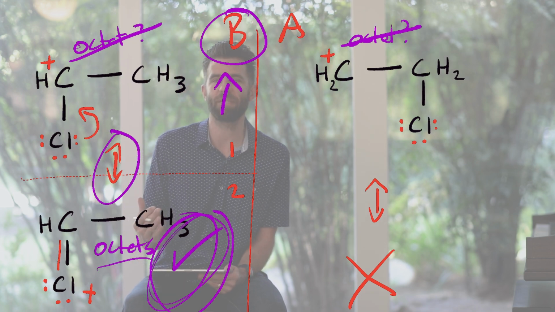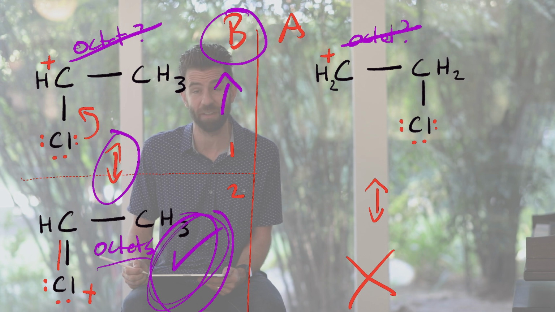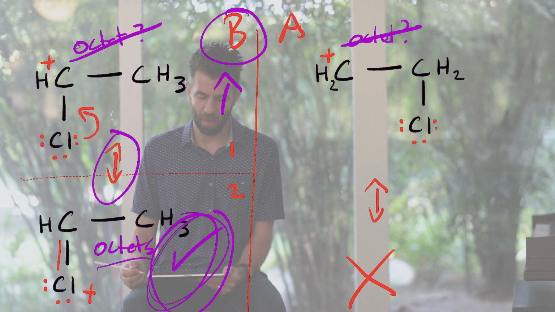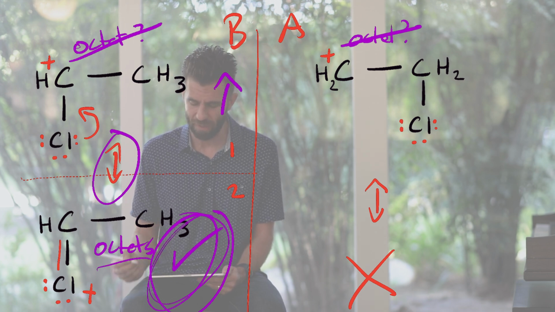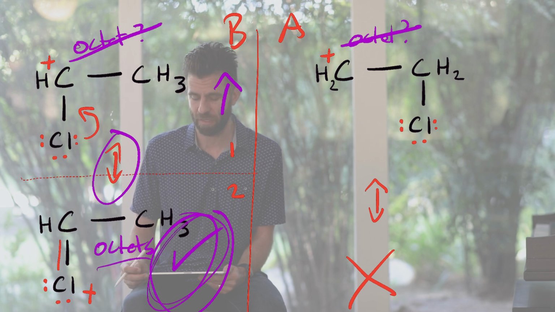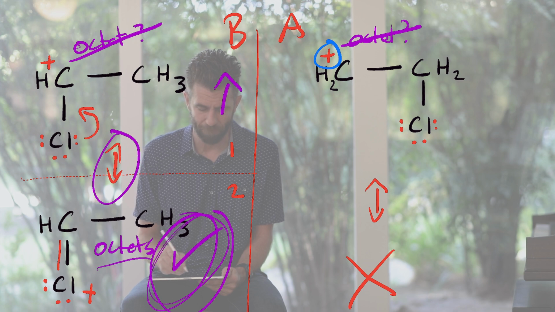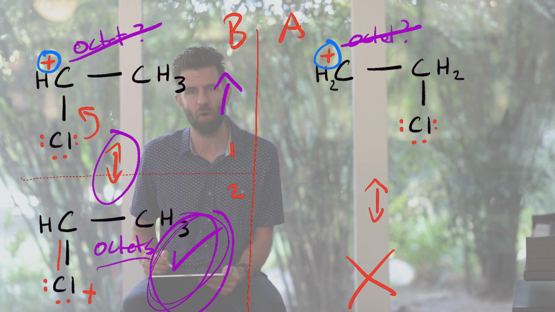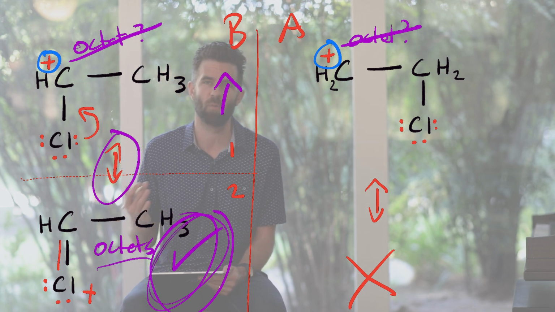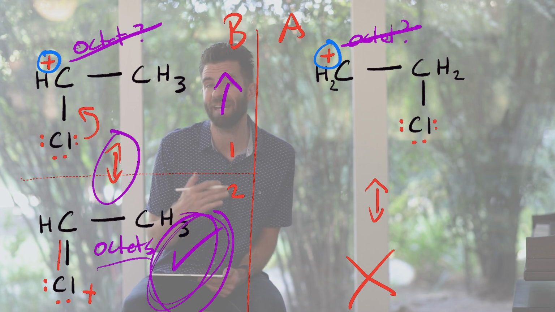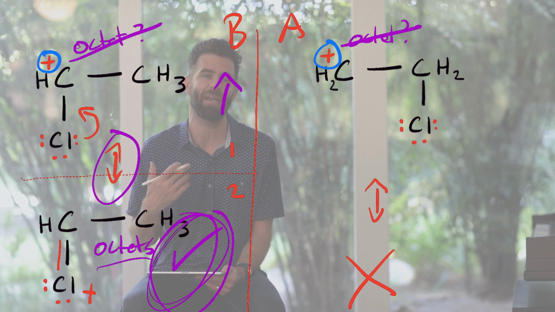Now I'm going to use this to talk about where we're going with this and why this matters. In the future, I'll tell you a hint, this is going to be a problem we're going to look at. We're going to try to predict whether the carbocation would be more likely to form here or here. Where will it form, on the left or the right? And the place where the chlorine is or the place where the chlorine isn't.